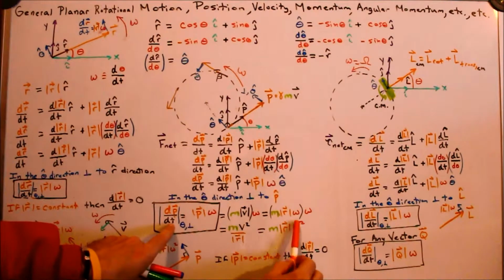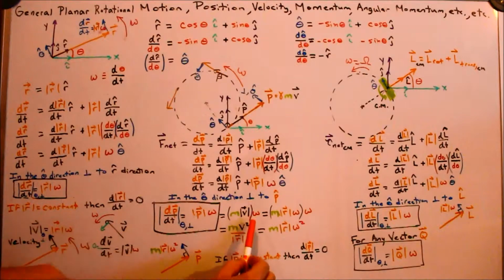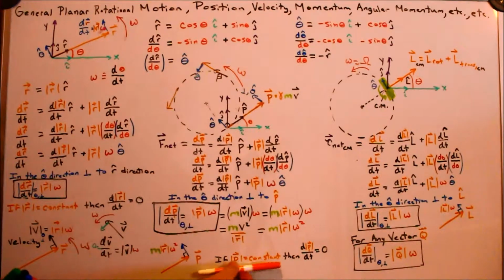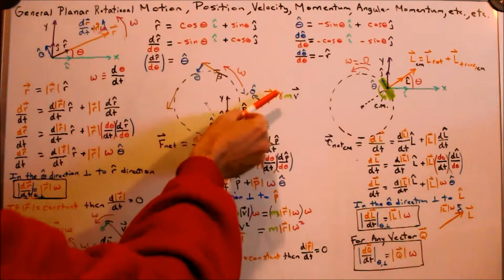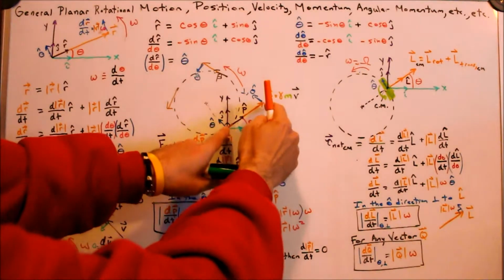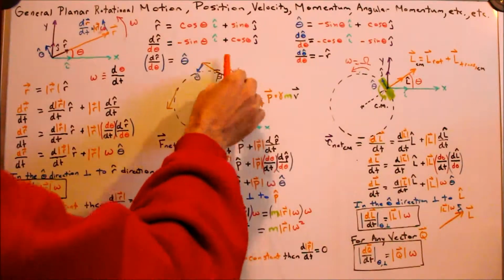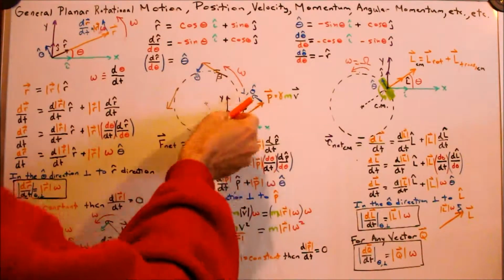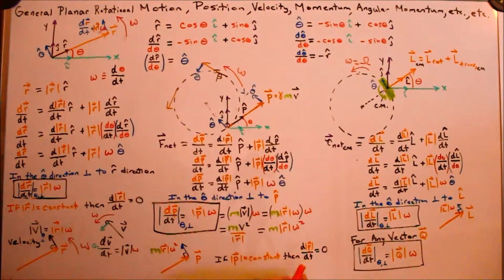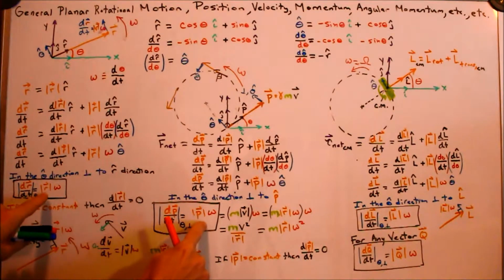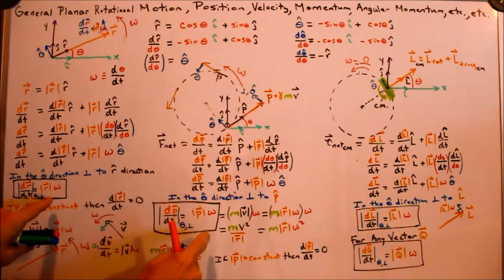An alternative is that we can replace omega with v over r and get this way, very similar terms. And again, if the magnitude of p is constant, then in the direction of p hat it'd be 0. If it doesn't have constant magnitude, it can still be turning, but the more important thing I would point out is this.